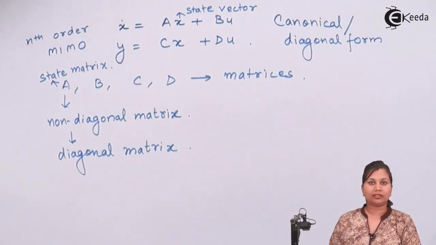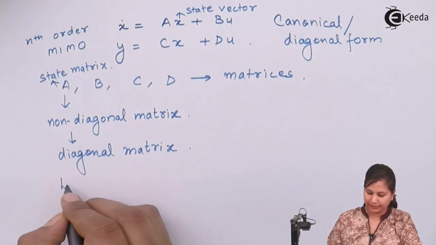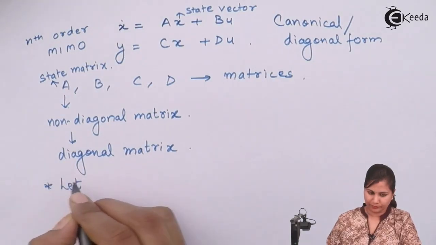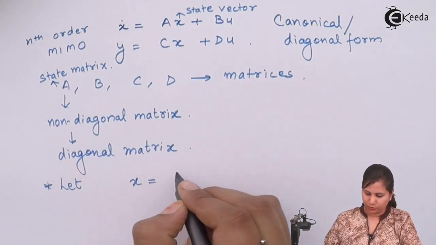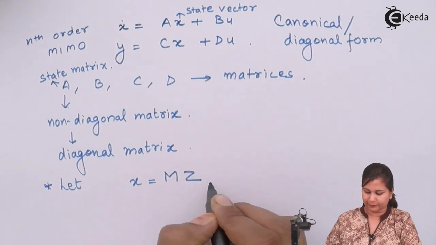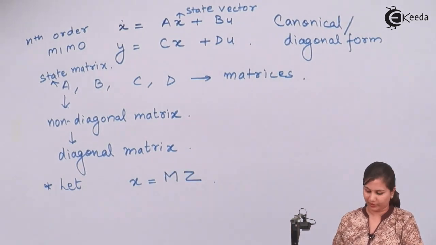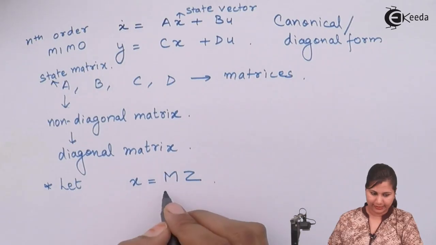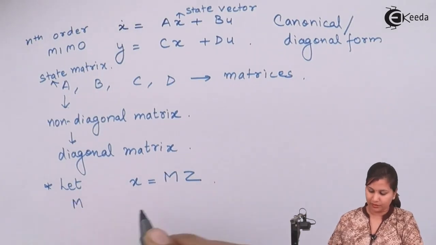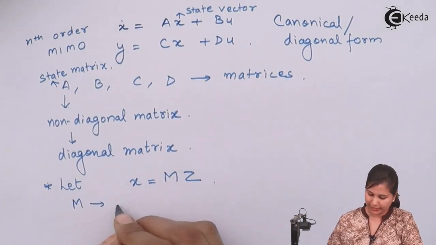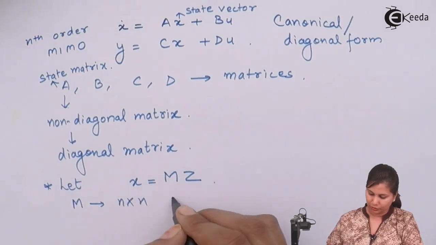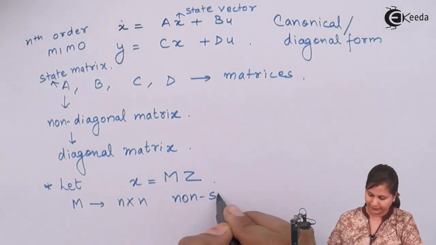Suppose we define a new state vector. Let x equal Mz. This is a new state vector, and this M is an n cross n non-singular matrix.